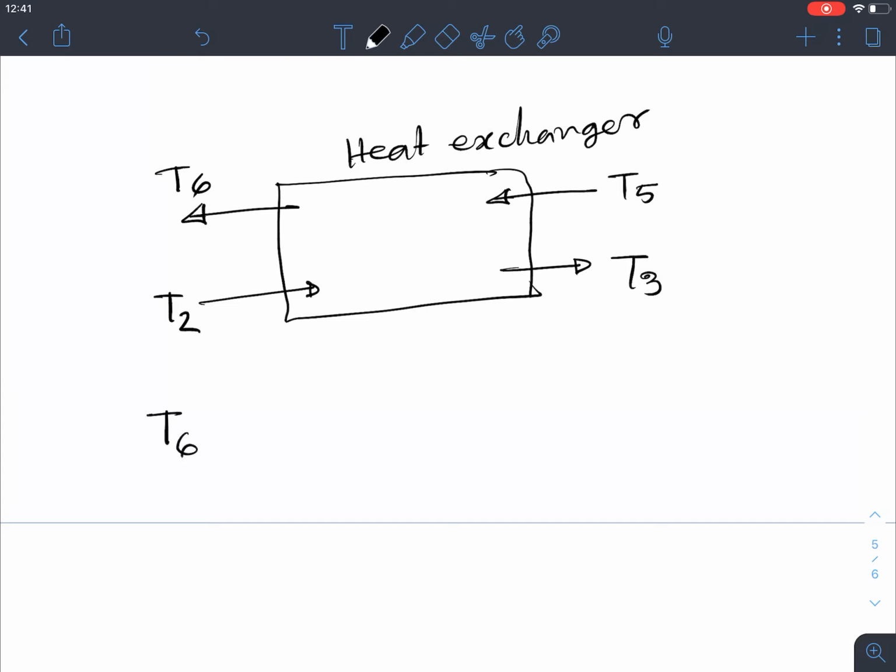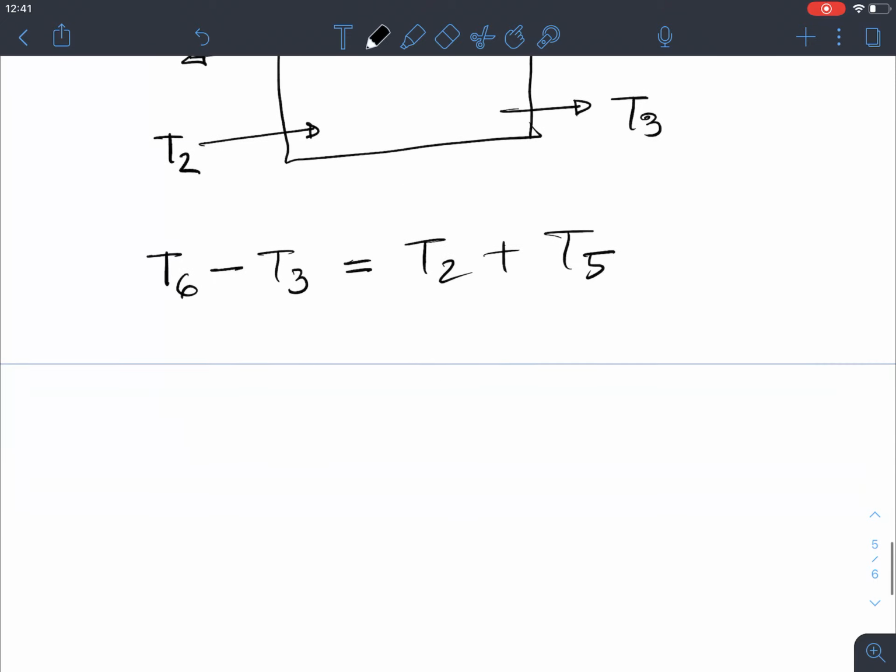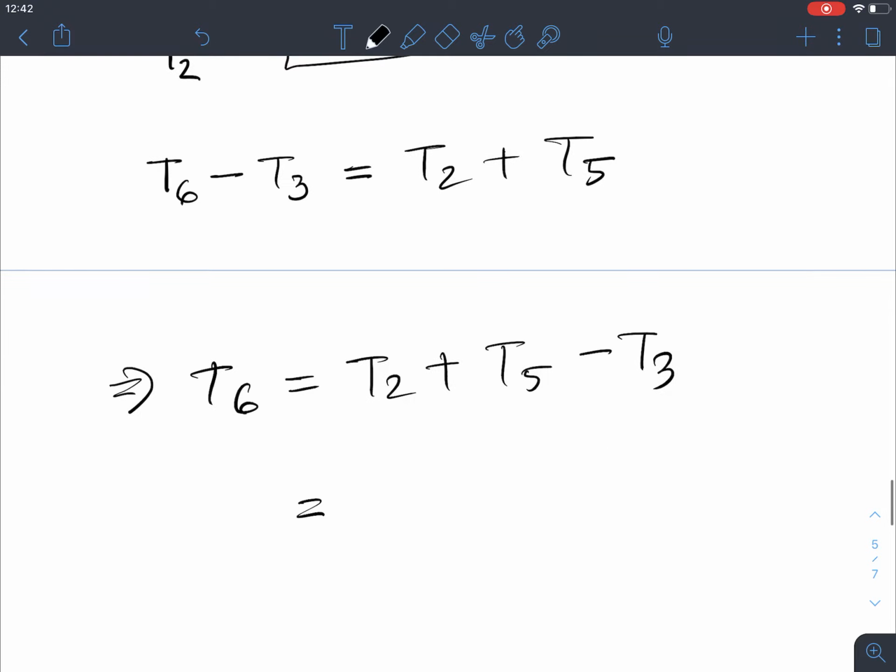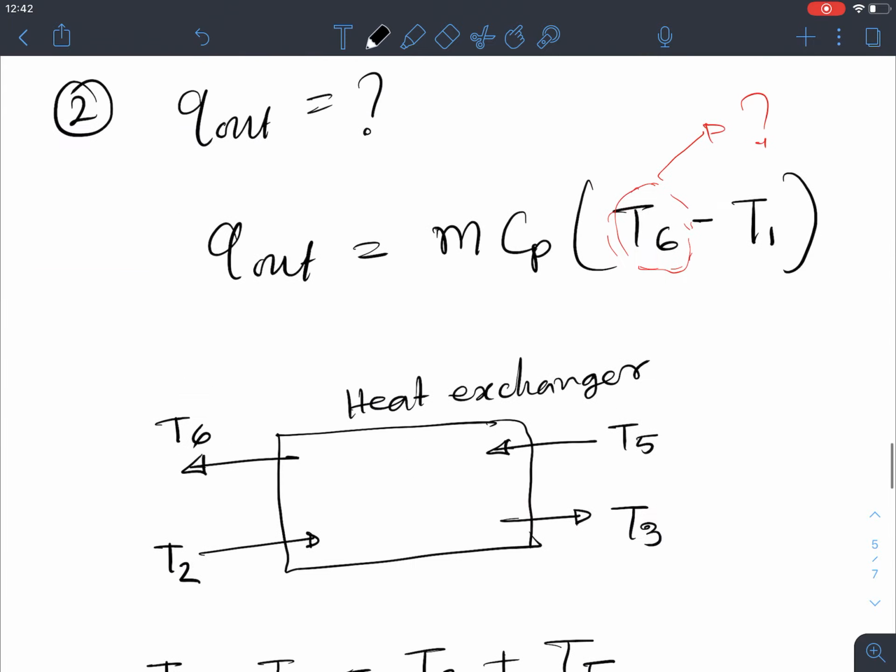T6 minus T3, which is outgoing temperature, equals T2 minus T5, which is incoming temperature, right? So from this expression we can write T6 equals T2 plus T5 minus T3, so let's plug in all this information.